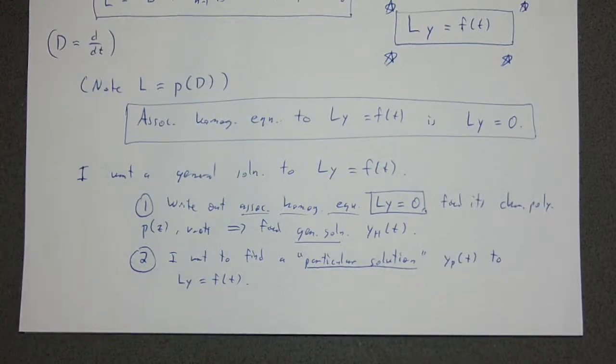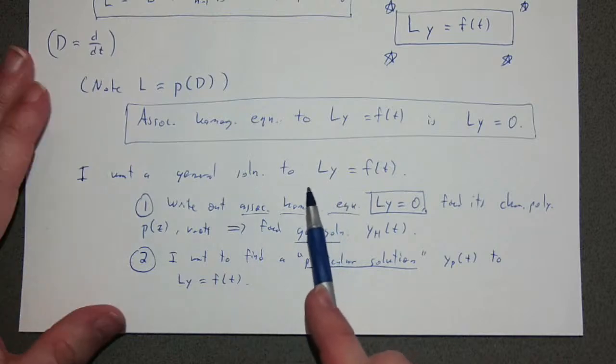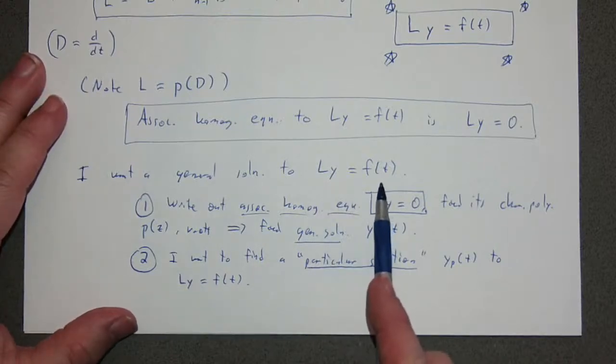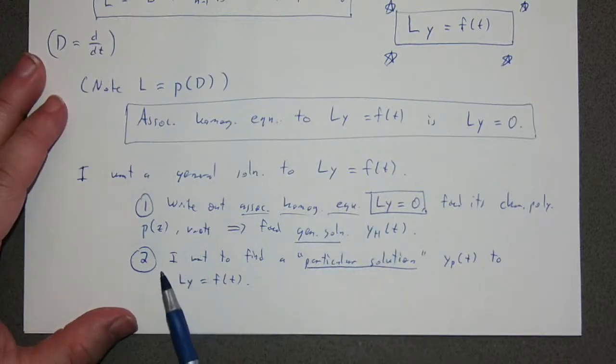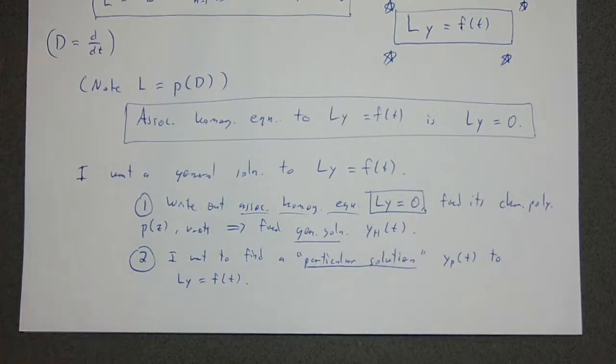Now, wait, you might say, isn't this circular? Because you started out saying you wanted to find a general solution to Ly equals f of t, but then your second step in the process is finding a solution to Ly equals f of t. So how's that not circular?